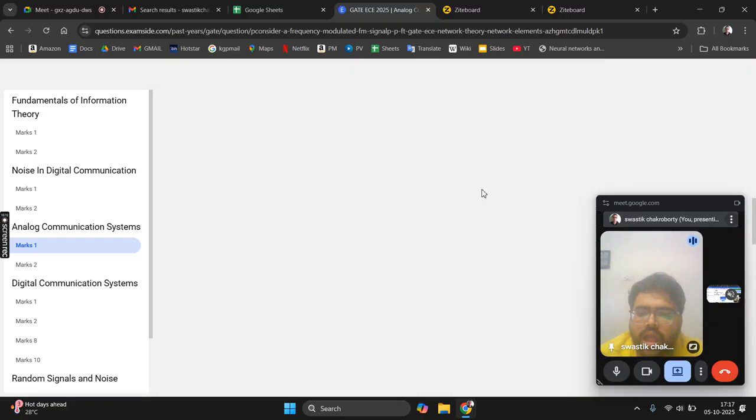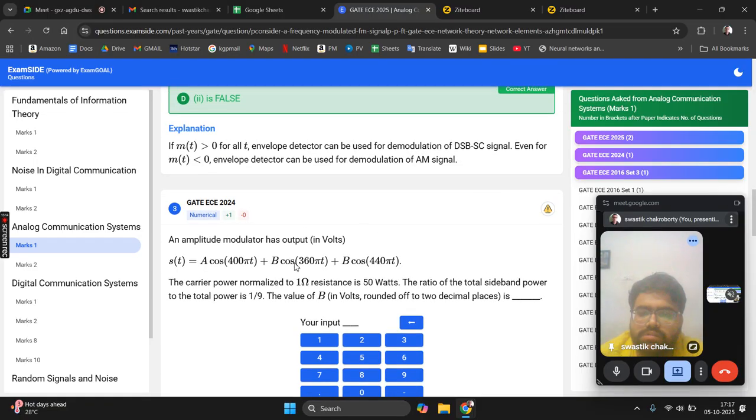Next, our amplitude modulator has output in volts as s(t) equal to A cos 400 pi t plus B cos 360 pi t plus B cos 440 pi t. The carrier power normalized to a 1 ohm resistance is 50 watts.